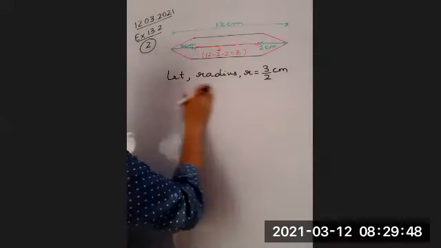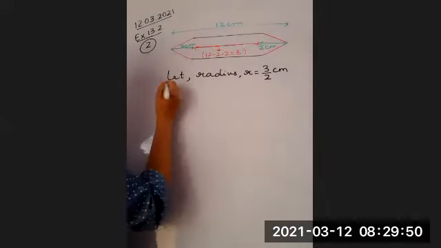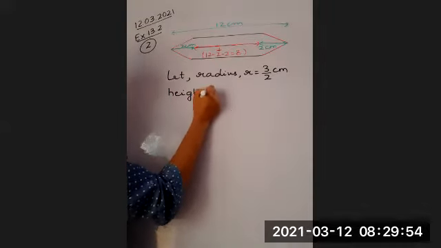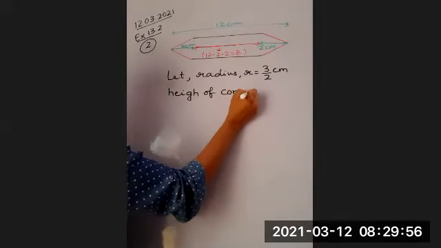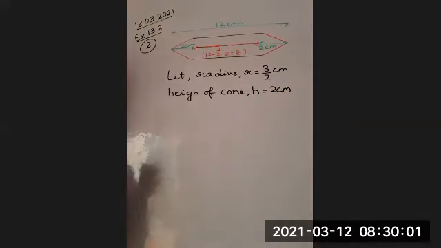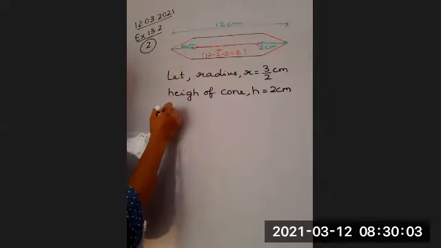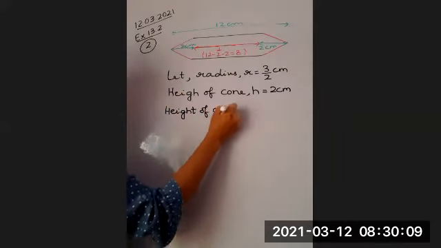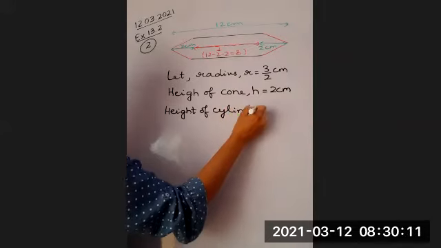Are we good to go? We have to take care of 2 heights. So let the height of the cone be represented by small h, which is equal to 2 centimeter. Height of the cylinder, let us use capital H for that.